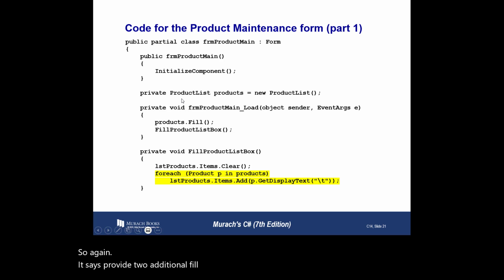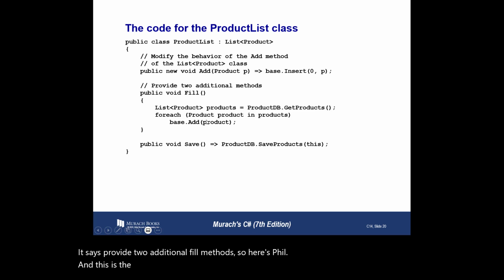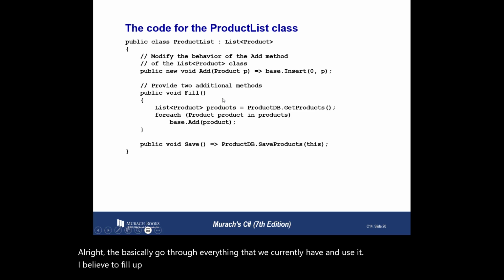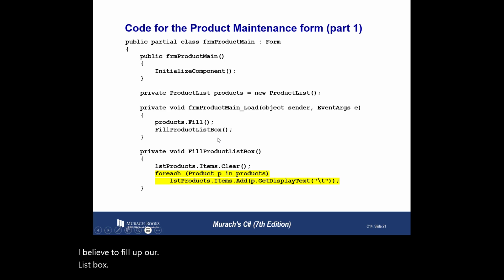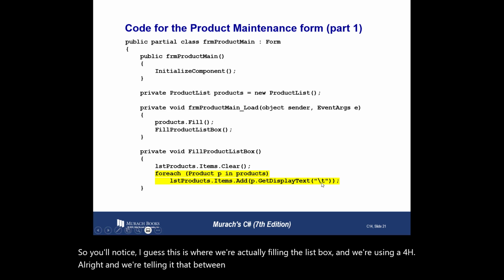So here's fill, and this is the standard fill, to basically go through everything that we currently have and use it, I believe, to fill up our list box. And here we're maintaining, so you'll notice, I guess, this is where we're actually filling the list box, and we're using a for each. And we're telling it that between each field we want a tab.